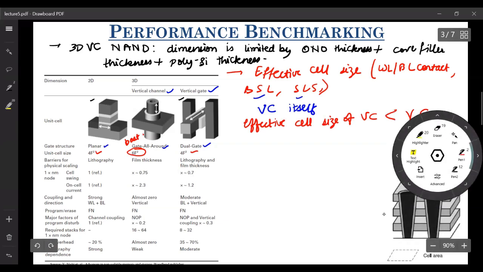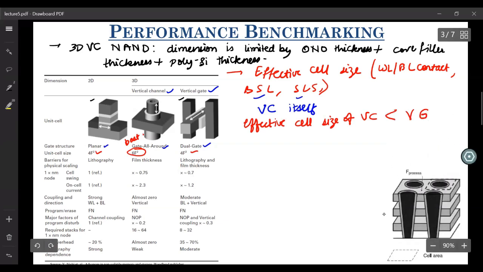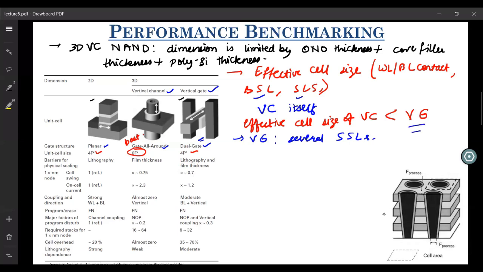Because for VG, the vertical gate or horizontal channel configuration, you had to use several SSLs in order to select one particular layer amongst different layers, or select one particular string amongst different strings. And that is the reason why the effective overhead of VG is very high as compared to that of VC. So the effective cell size of your vertical channel is less as compared to the vertical gate configuration.